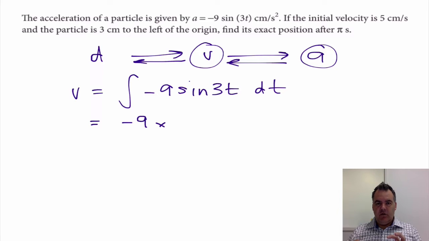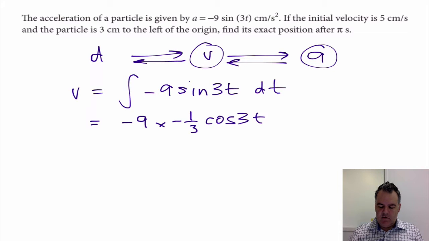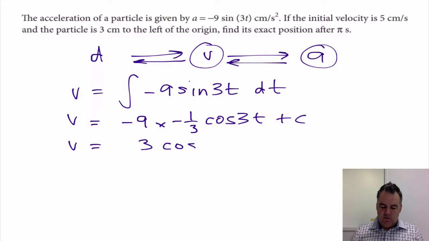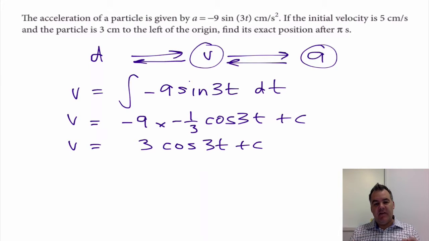The integral of sine of 3t is going to be -1/3 cos 3t plus c. And if we tidy that up, that gives us 3 cos 3t plus c. And again, differentiate that to make sure that you've done that right. Negative cos becomes negative sine 3t times 3, -9, and you'll see you get the right answer. Okay, so that's the velocity.